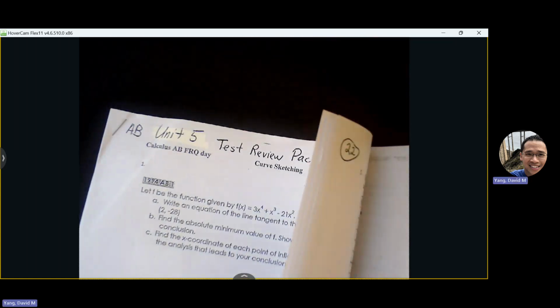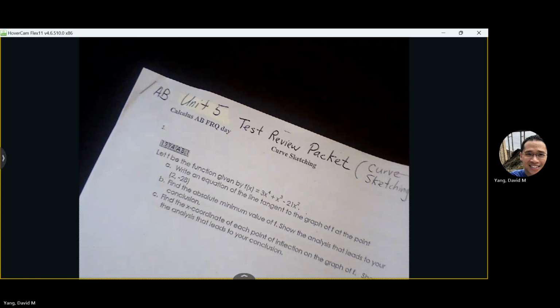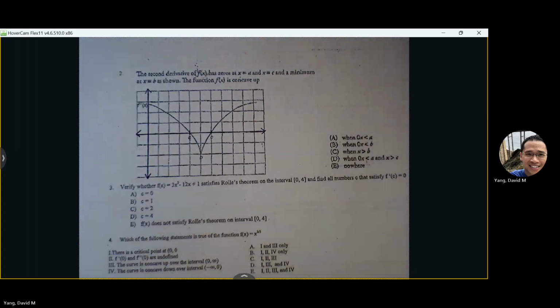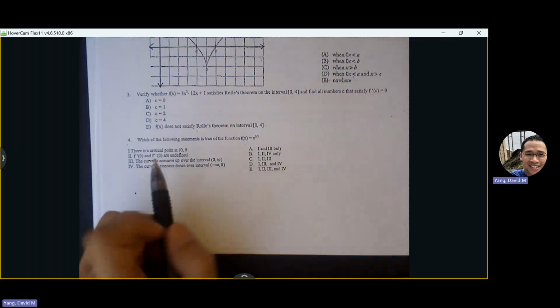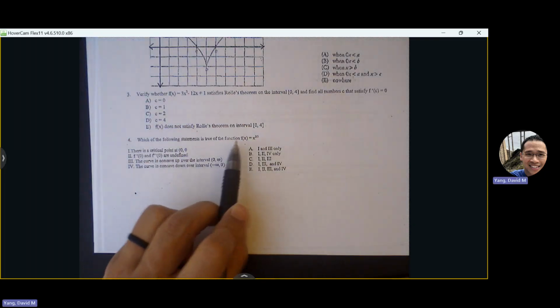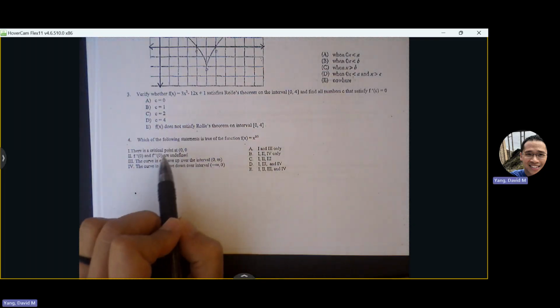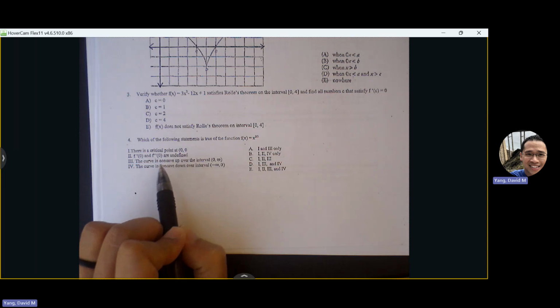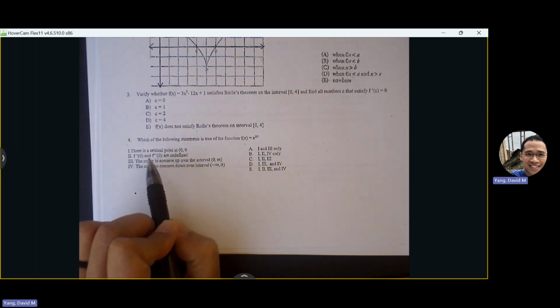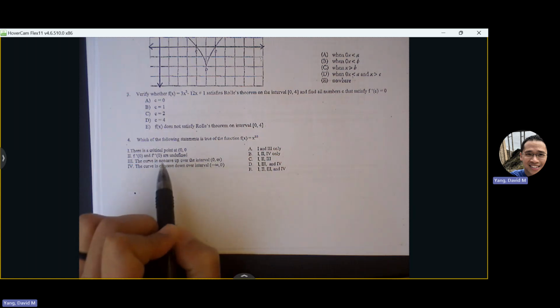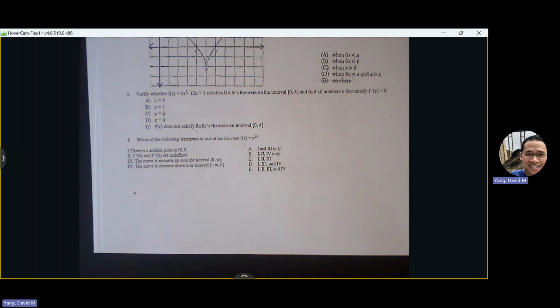Let me read the problem here. Number 4 says, which of the following statements is true about the function x to the 2/3? Now, if you look at your answer choices, there's information about f prime. There's information about concavity. So let's go ahead and build everything we can from this function.